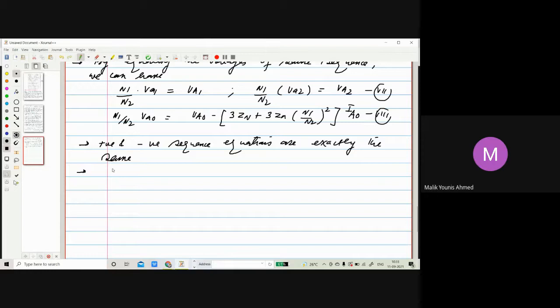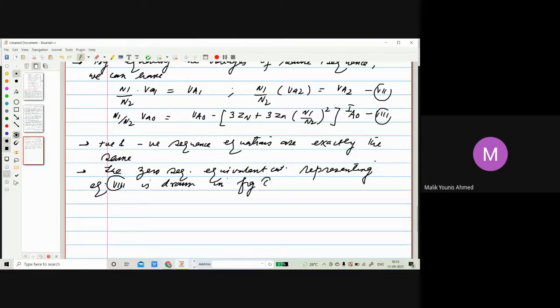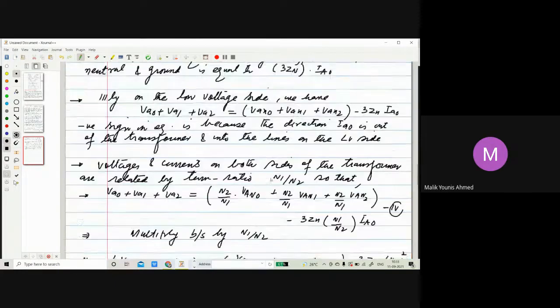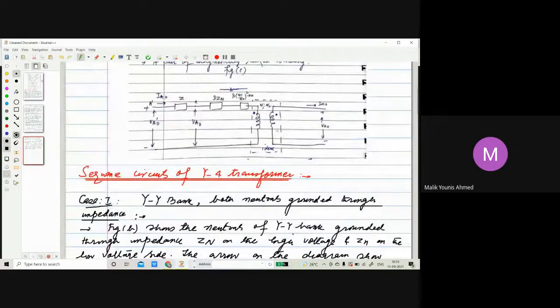Now about the zero sequence equivalent circuit representing equation 8, that is drawn in figure C. You can see here, that is figure C. Yeah, this is drawn here.